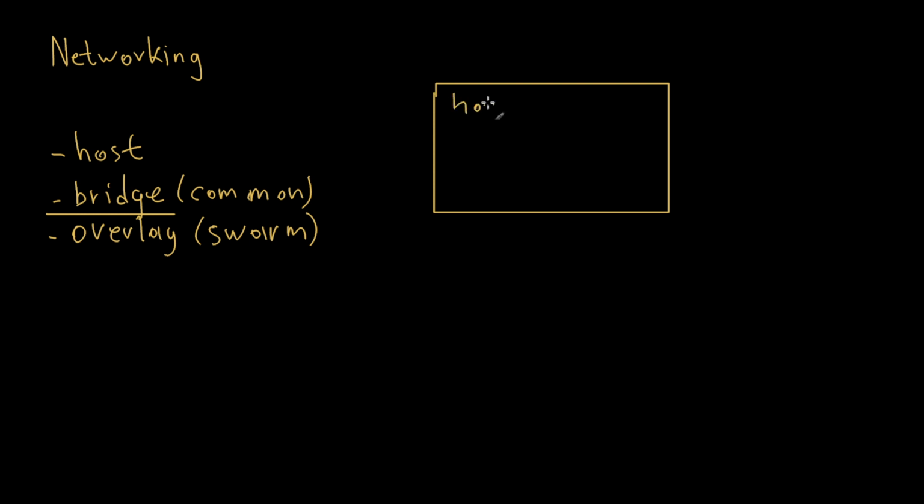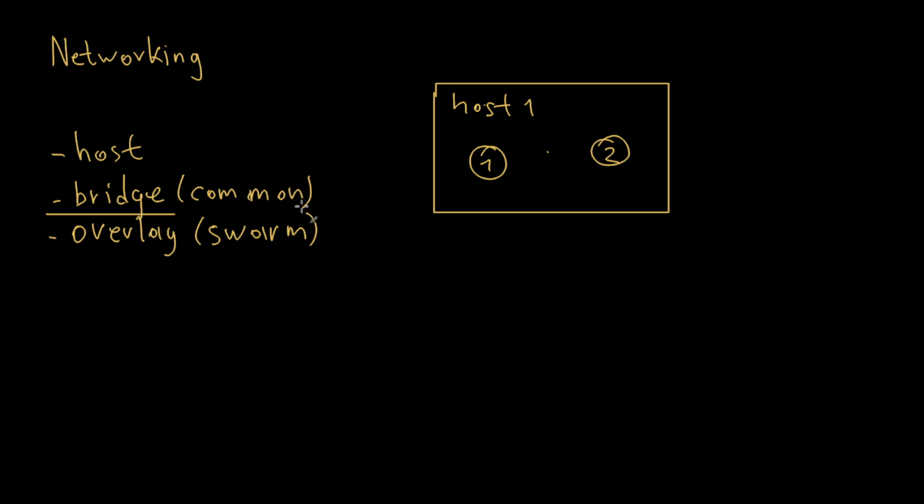This is a host, host 1, and host 1 might have a container. Let me start with a bridge network first of all. Let's say we have two running containers, and by default you don't have any connection between the containers because the networks are isolated from each other.